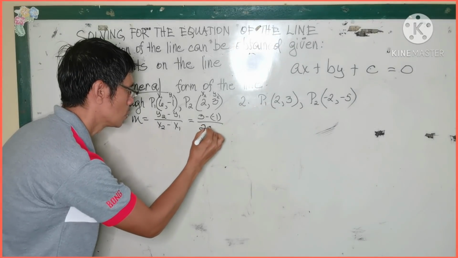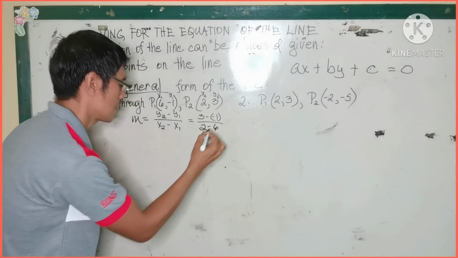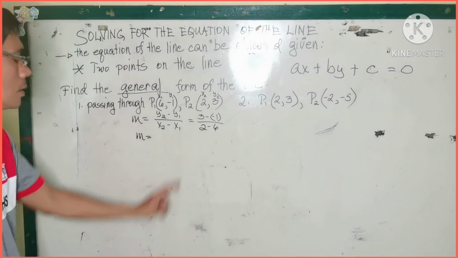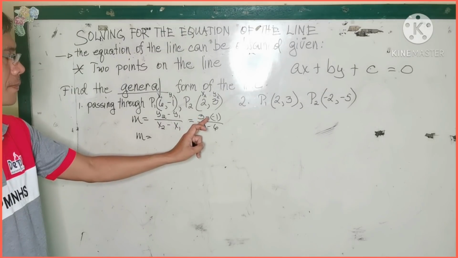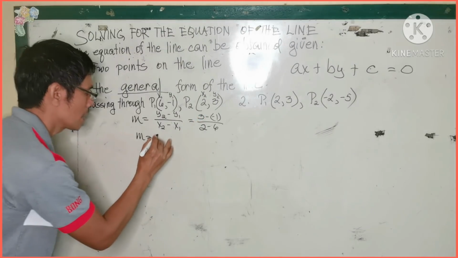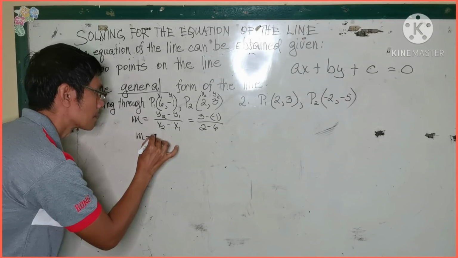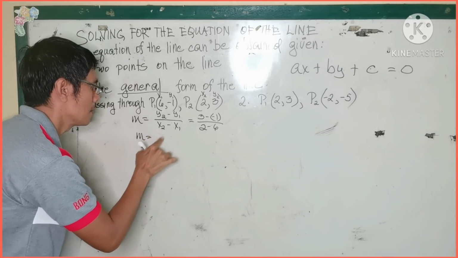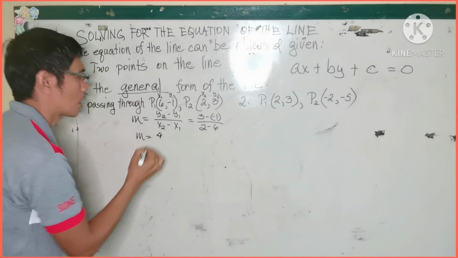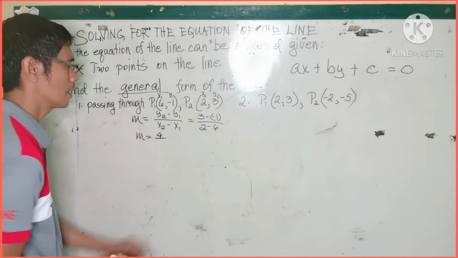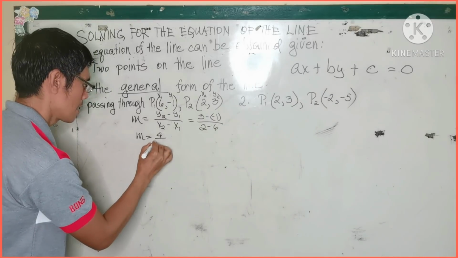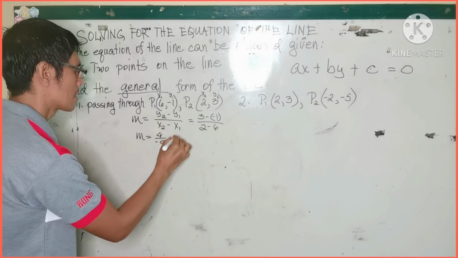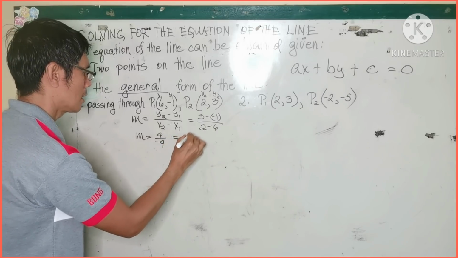So the slope is simply equal to 3 minus negative 1, which is 3 plus 4, or that's now 4, over 2 minus 6, which is negative 4. So therefore, the slope is equal to negative 1.